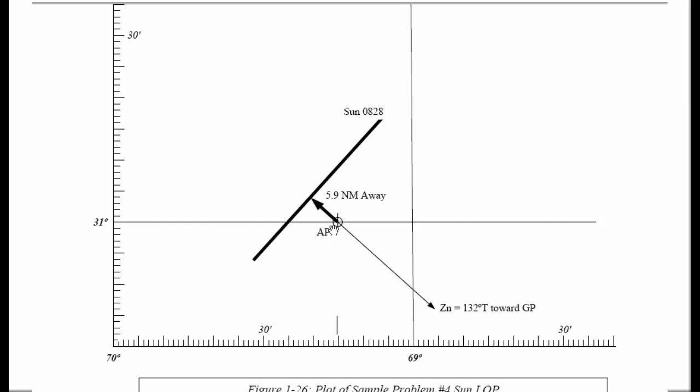We plot our azimuth from the assumed position at 132 degrees, which was the ZN that we calculated. But we want to plot in the away direction, so the 5.9 miles is plotted opposite to the direction of the ZN. 5.9 miles in the away direction, and then we draw a line perpendicular to that, perpendicular to the azimuth line, and that is our sun LOP. And it's marked sun 0828 with hours and minutes.